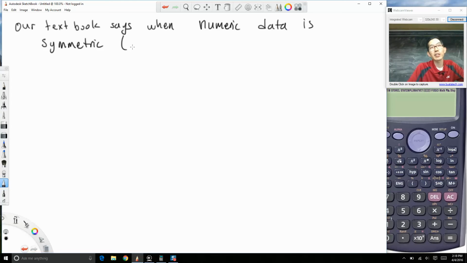I would argue that's more uniform. So symmetric would be values that are extremely low are equally common as values that are extremely high. So values on the low end are just as common as values on the high end. Our textbook says when numeric data is symmetric, meaning values much lower than average. Then maybe I'll just use the word typical.